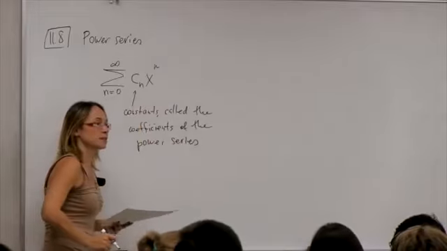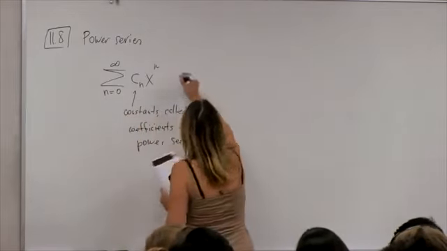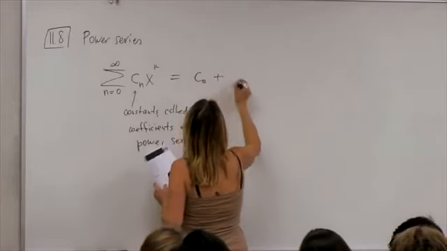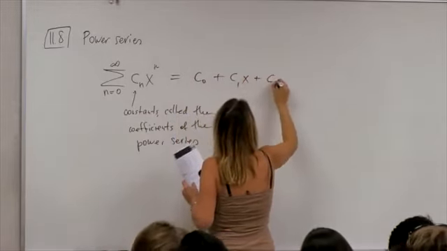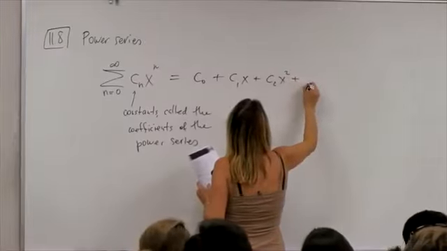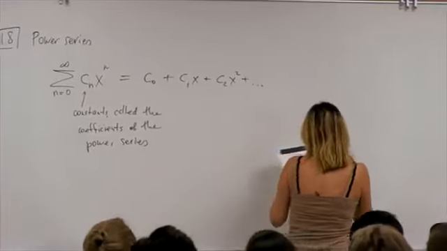And x is a variable, okay? So we have c0 plus c1 x plus c2 x squared and so on, okay?